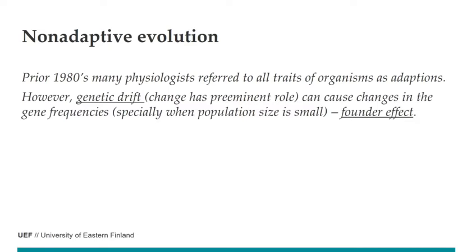Also, in a small population, most probably only a few individuals ever entered that environment to start the population, and they might not have the optimal genetic code for that environment.